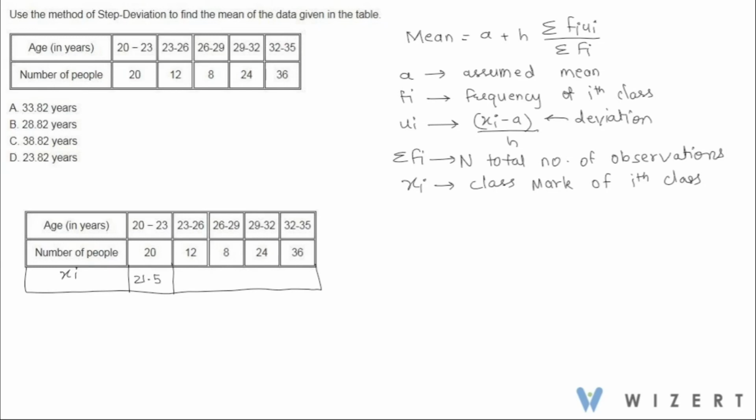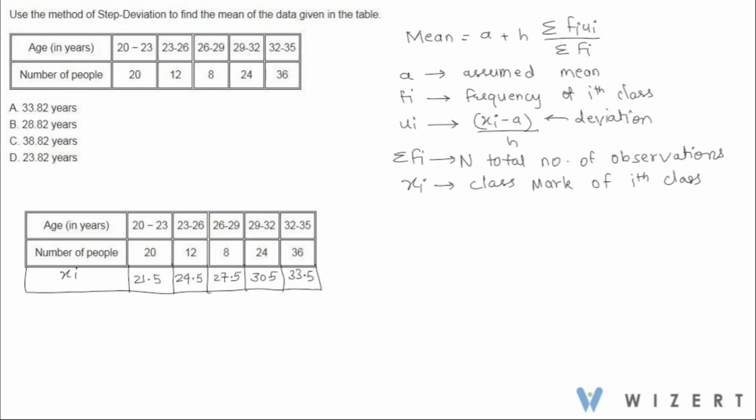In next class, 23 plus 26, which is 49 by 2, which is 24.5. For next class, it will be 27.5. For next class, it will be 30.5. For next class, it will be 33.5. Now these are the class marks.